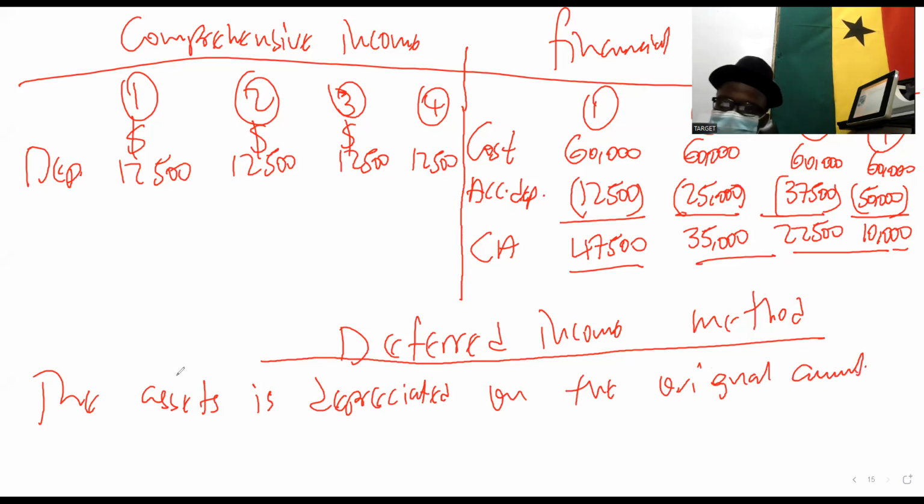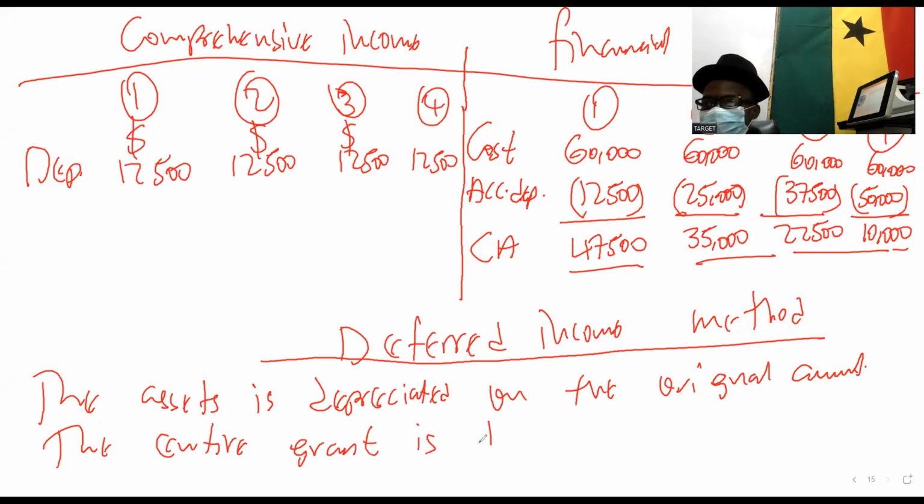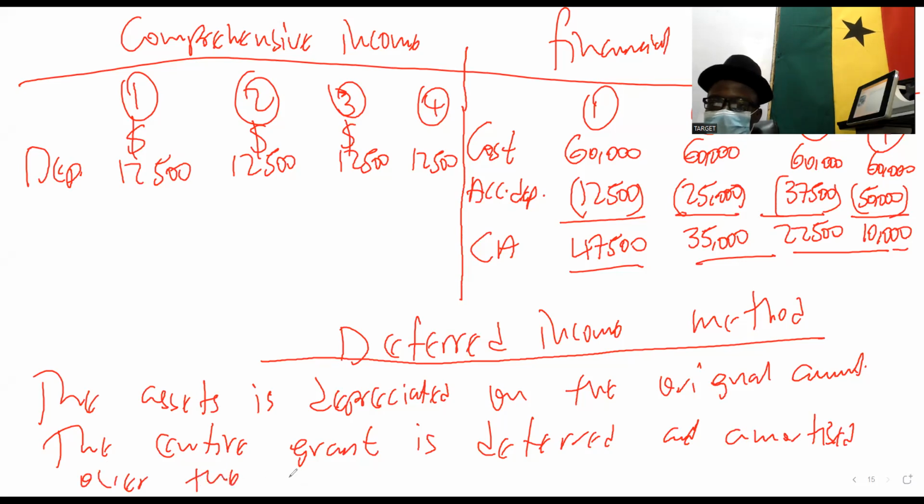Second point, the entire grant is deferred and amortized over the asset's useful life.